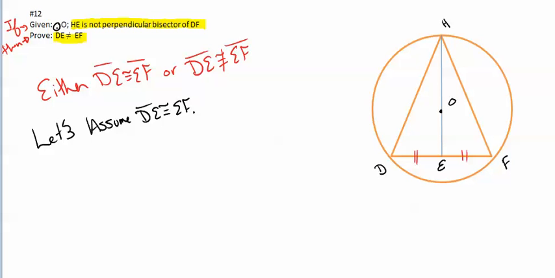I'm going to assume that DE is congruent to FE. And what we're trying to find out now is HE going to be a perpendicular bisector of DF or not? So one way we could do that is to prove congruent triangles or using the equidistance formula.